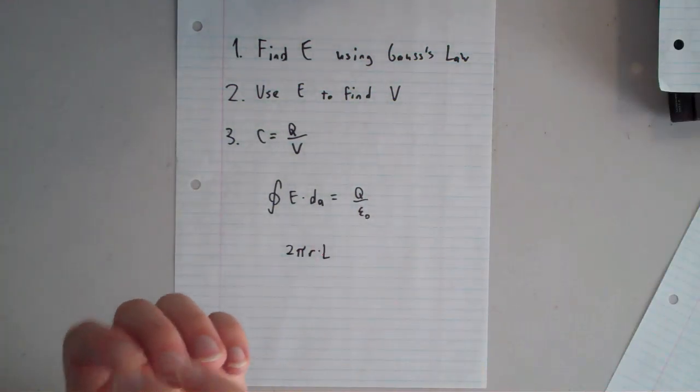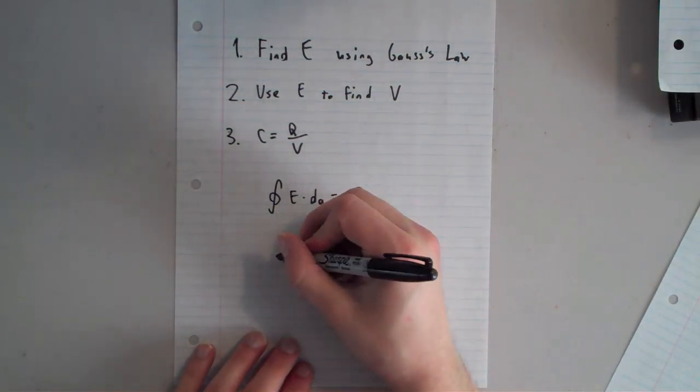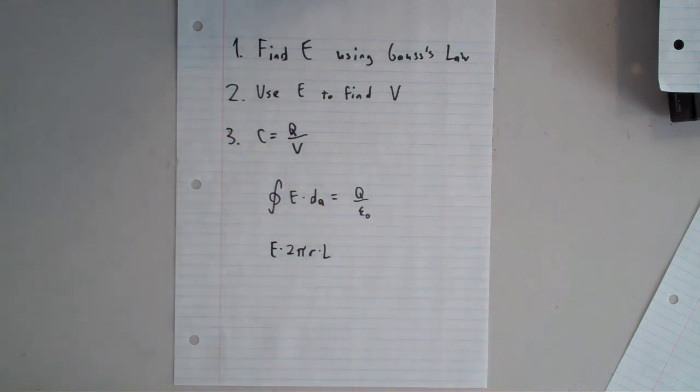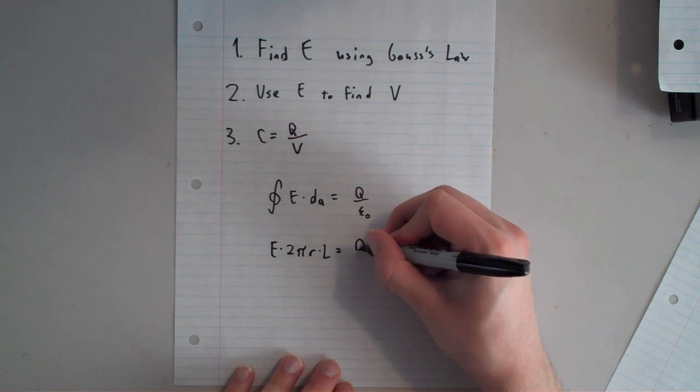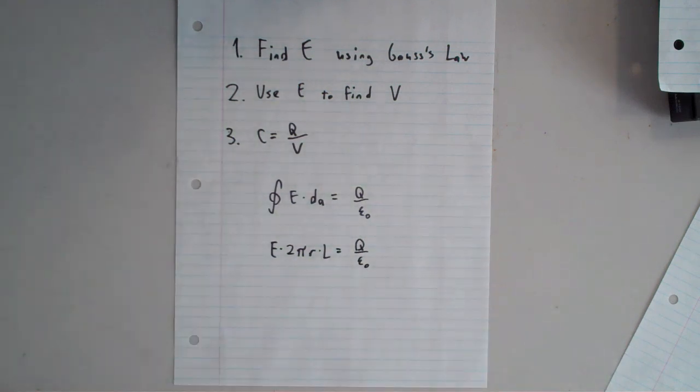That gives you the surface area. That's your integral, and you just multiply that by E. So that's your left side of the equation, and that is equal to Q over epsilon naught.